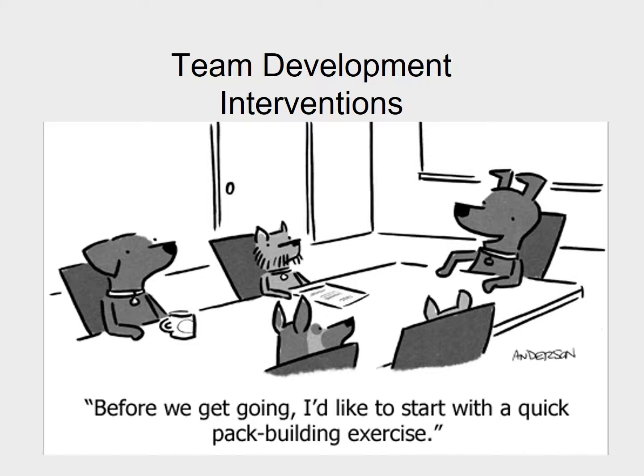Sometimes the interventions may be external, where the environment, the organization itself, is not supporting the team. Sometimes it may be just a communication issue, but more often than not, it actually is the process of how the team shares its skills, its information, shares work, and shares decision making.